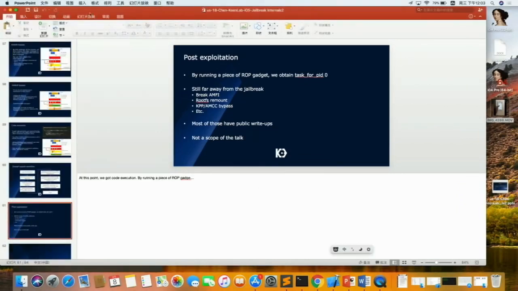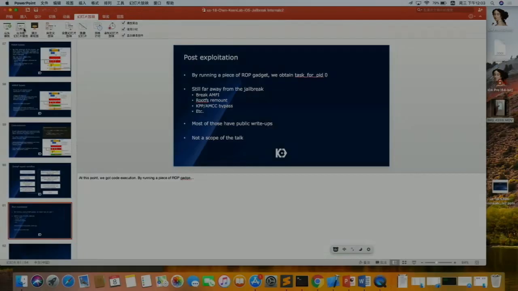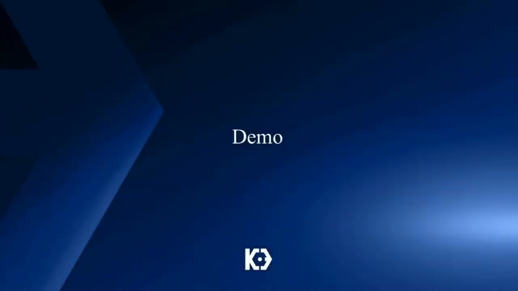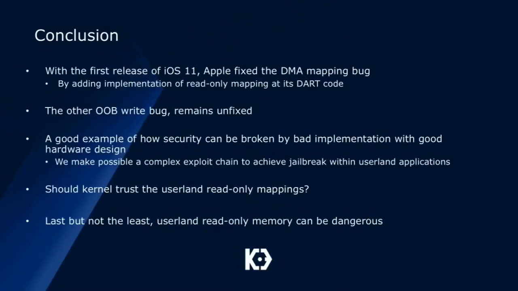And finally I talk about the conclusion. With the first release of iOS 11, Apple actually fixed the first bug, which is the DMA mapping bug. It was fixed by adding the implementation of the read-only mapping at its start code.